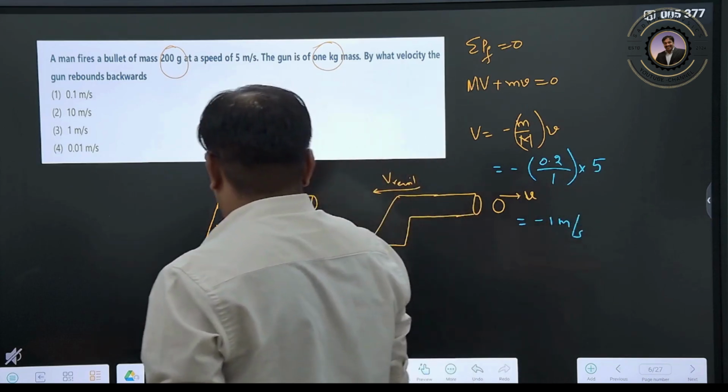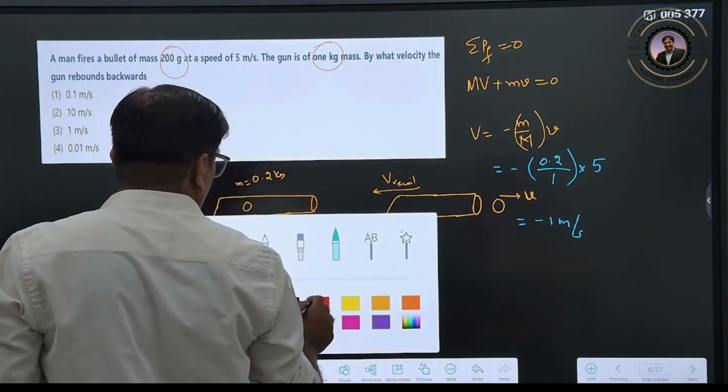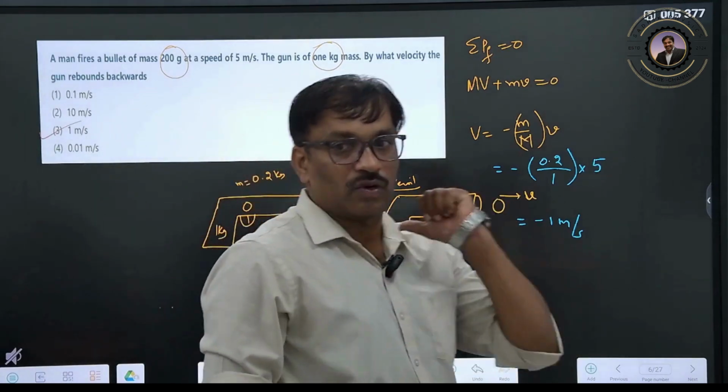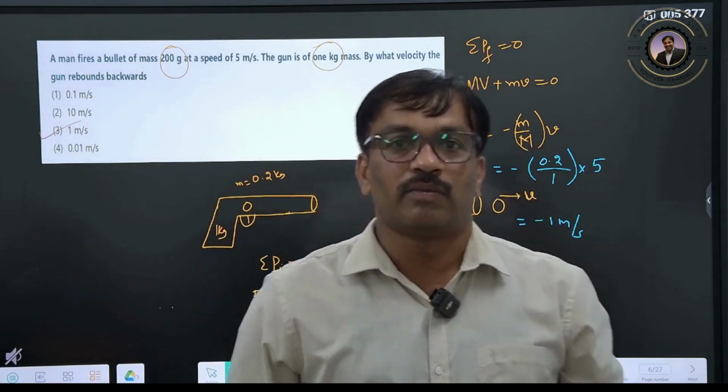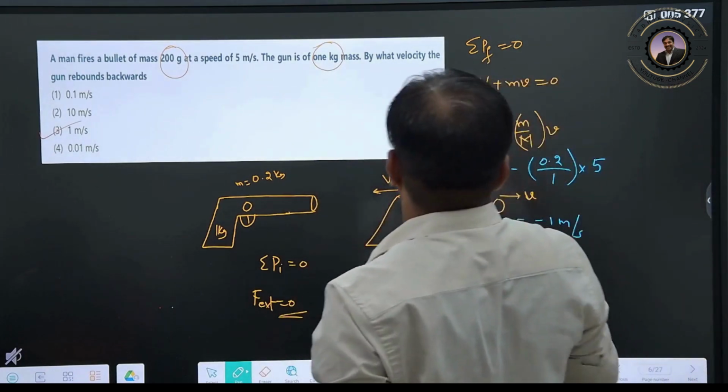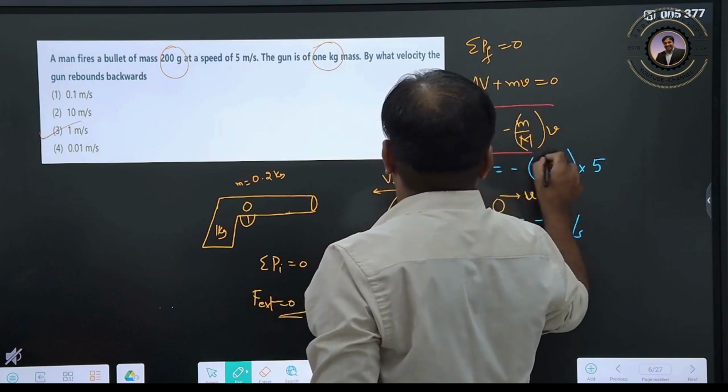That means the gun will go back with 1 meter per second. Why minus? Because it goes in the opposite direction of your bullet. Clear?